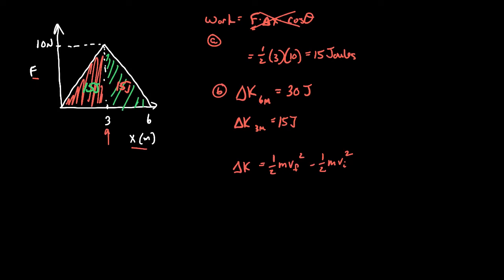A lot of people get this one wrong because they forget about that initial velocity. This has to be 15 joules because they asked about the 3 meter portion, equals 1/2 times 0.5, better convert 500 grams into kilograms, times v final squared minus 1/2 times 0.5 times 1 squared.